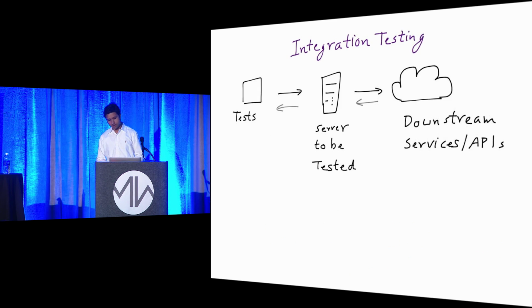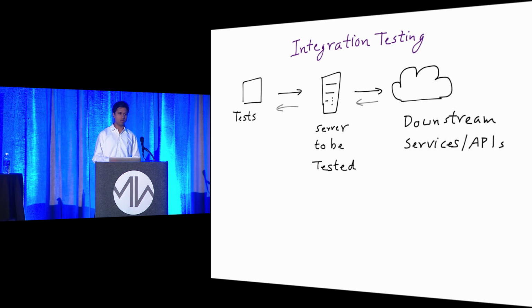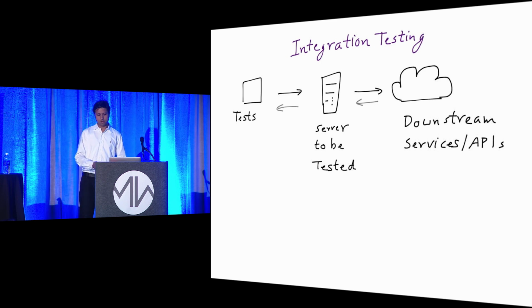So integration testing. It's very similar to the client-side automation that I just spoke about. The difference is that we're trying to test a server. So the way we do that is we're making sure that every route on the server is working correctly. We want to exercise all the routes, and we want to make sure that the responses are accurate. When we implemented this, it took about 30 minutes to run the tests on all the routes.